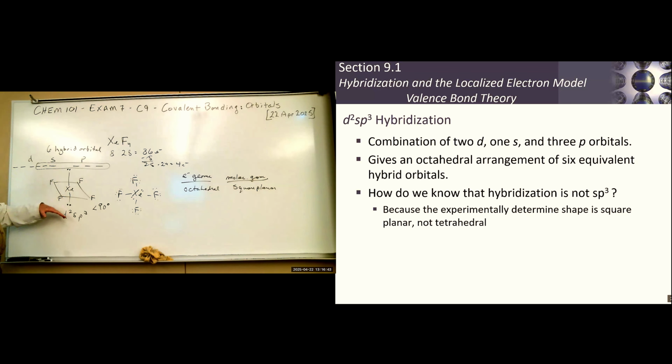All right, so as usual, we start with our localized electron model. We've got 1 electron here, we've got 4 there, we've got 5 here. Valence electrons. So that means we have 10 electrons, carbon in the middle, nitrogen, hydrogen. All right, so we've used up 4.